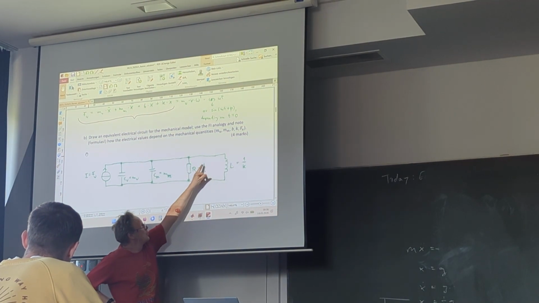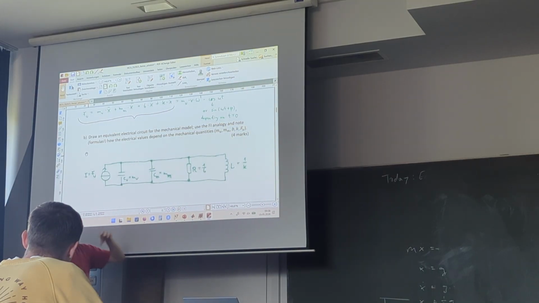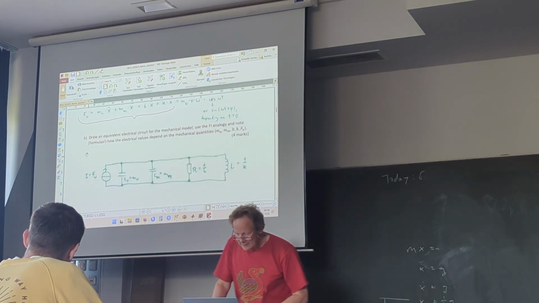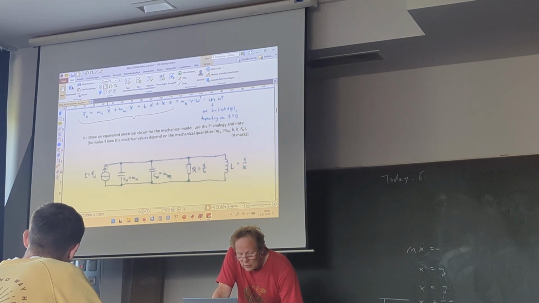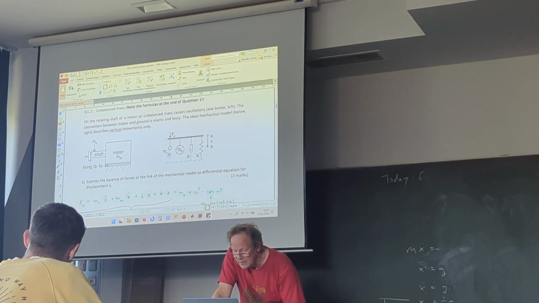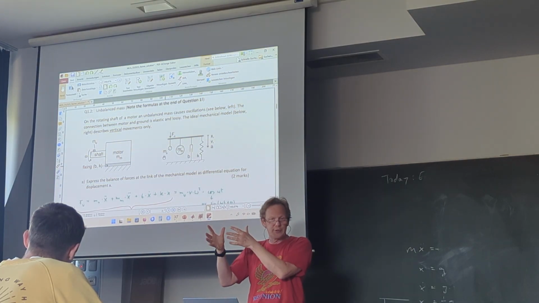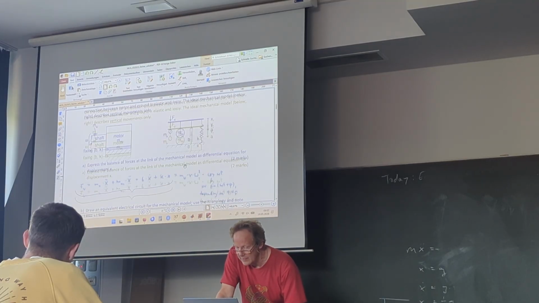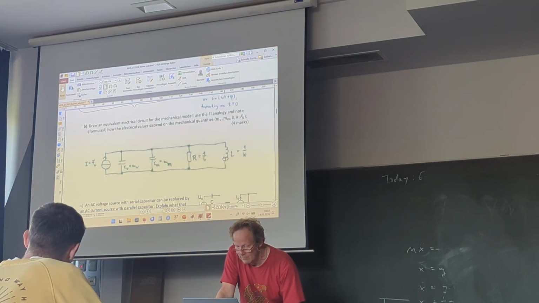So I wanted to see this 1 over, or is it proportional? Okay, so that's the element according Fi analogy retains the same topology. So in the mechanical model we have parallel forces, and that becomes parallel elements.